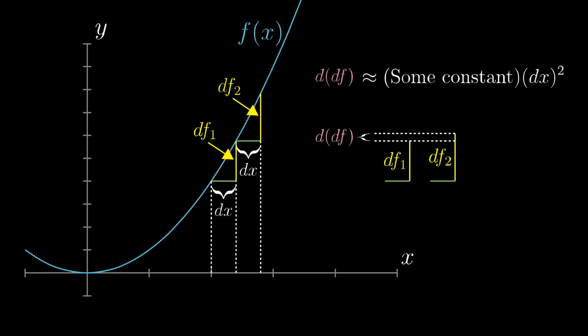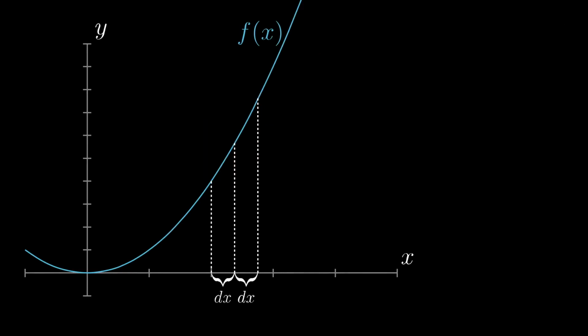So if, for example, you substituted in 0.01 for dx, you would expect this ddf to be about proportional to 0.0001. And the second derivative is the size of this change to the change divided by the size of dx squared. Or more precisely, it's whatever that ratio approaches as dx approaches 0.